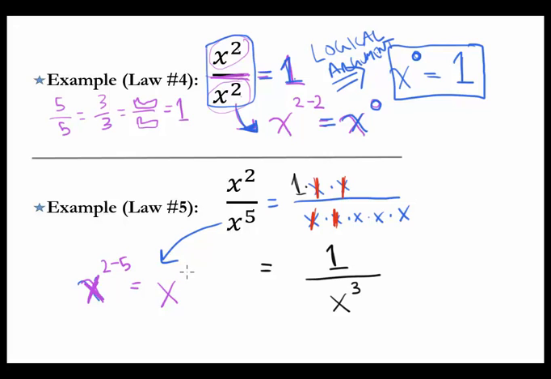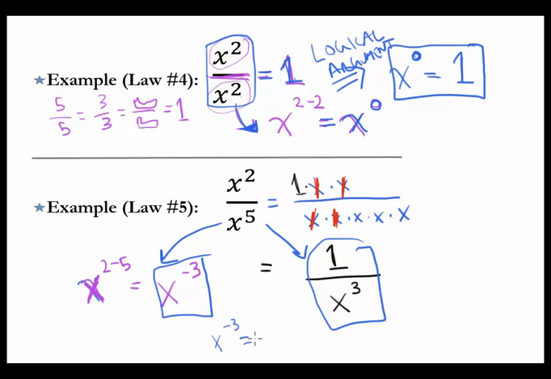That's -3. So one way of reasoning about it, we have that this thing is equal to 1 over x cubed. The other way, we have this thing is equal to x to the -3 power, which means that x to the -3 must equal 1 over x to the +3.